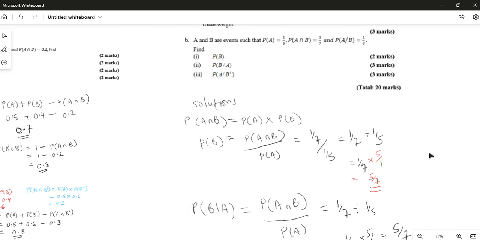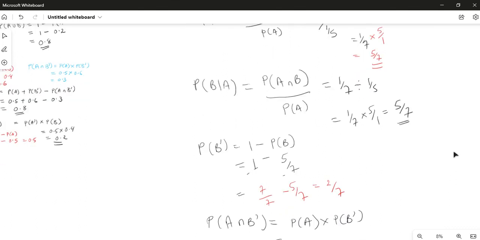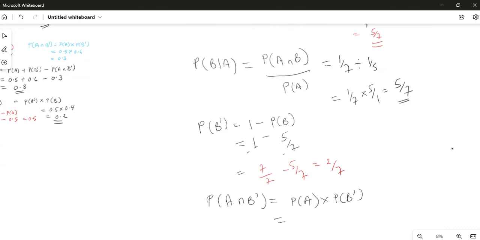The probability of A is 1 over 5. So 1 over 5 times 2 over 7. That is 2 over 35.